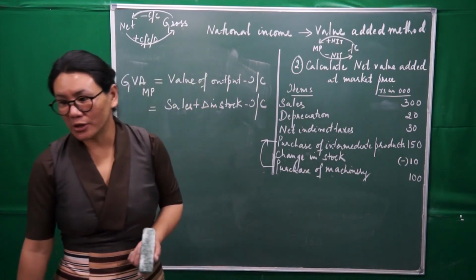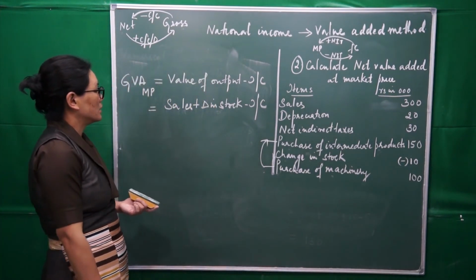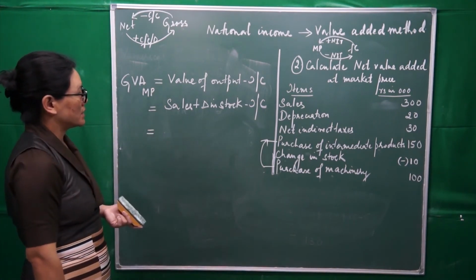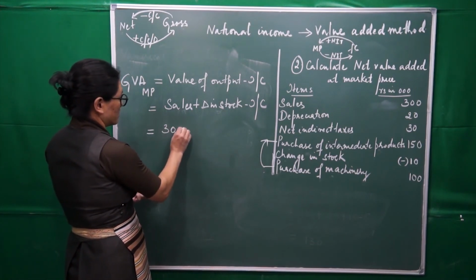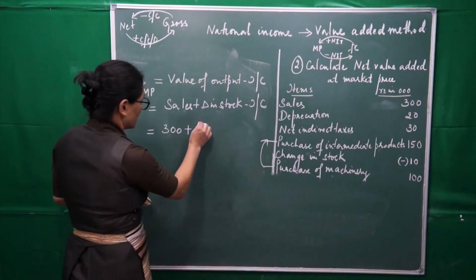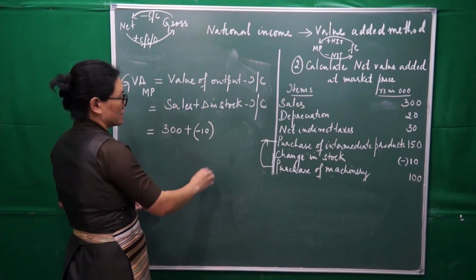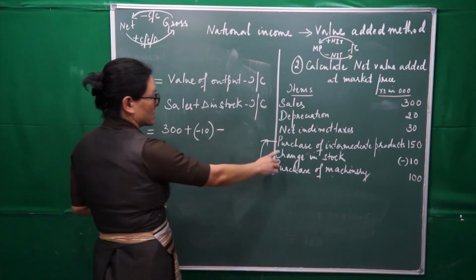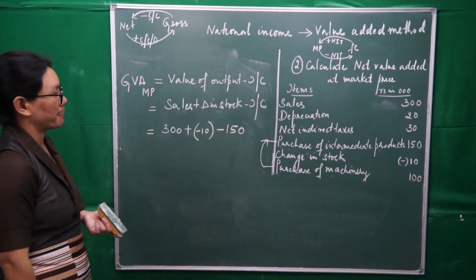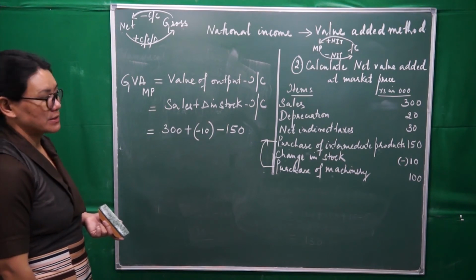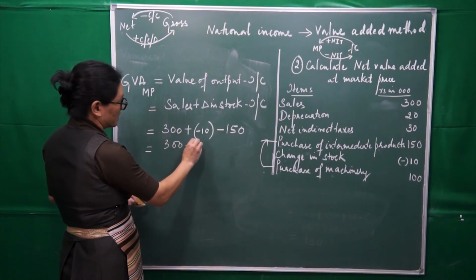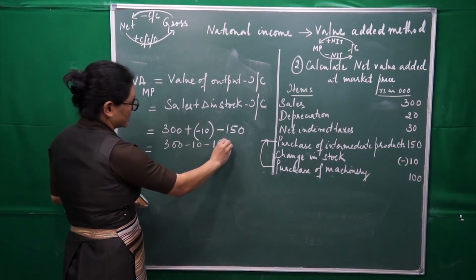Is that clear? Now, very simple. Sales is given as 300, plus change in stock, which is minus 10, minus intermediate consumption, purchase of intermediate products, which is 150. Is that clear? Now 300 minus 10 minus 150.